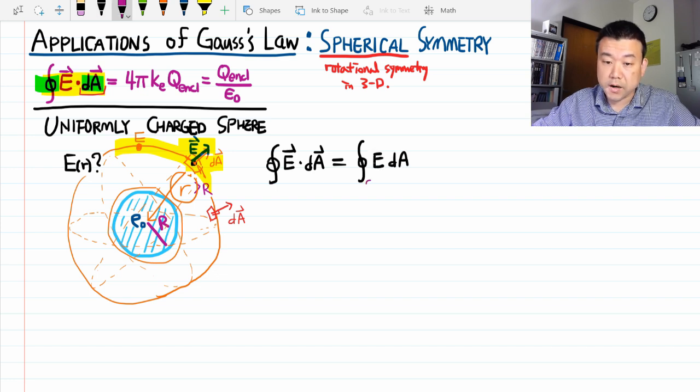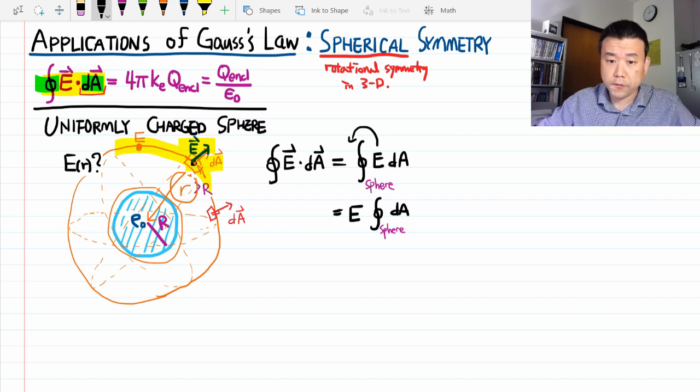And we just made the argument that over the entire sphere, the electric field is constant. So I can pull the electric field out of the integral to give us the electric field times the integral of dA over the sphere. Well, that's just the surface area of a sphere. Hopefully you have that formula memorized. The surface area of a sphere is 4 pi r squared.